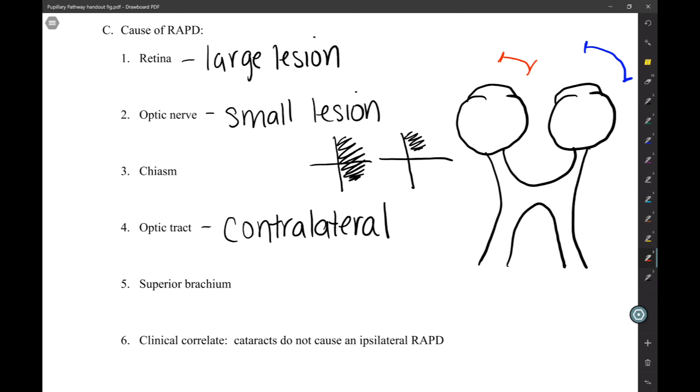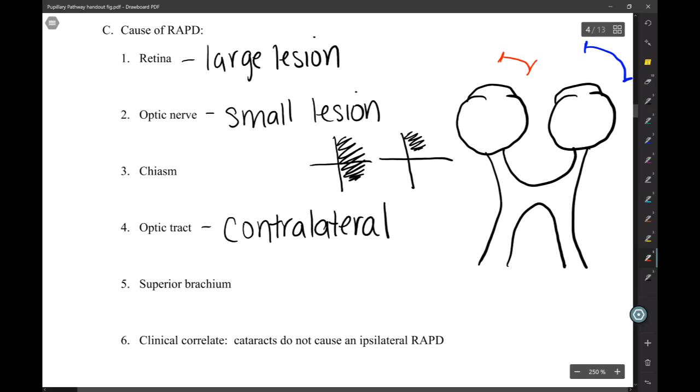Therefore, if we have a right homonymous hemianopia, as shown here, the nasal visual field of the left eye will come back and hit temporal retinal fibers.